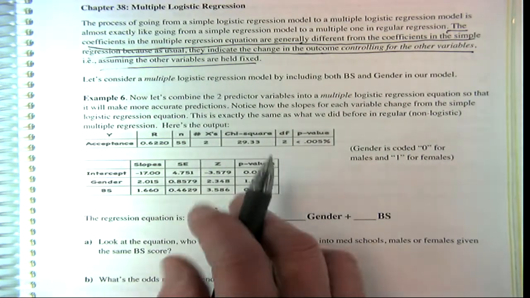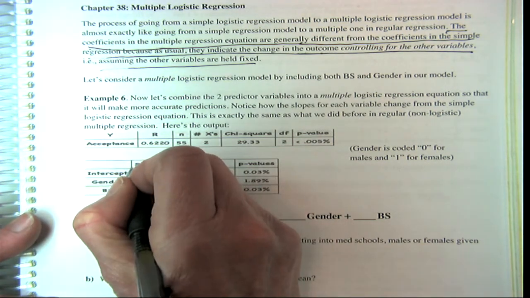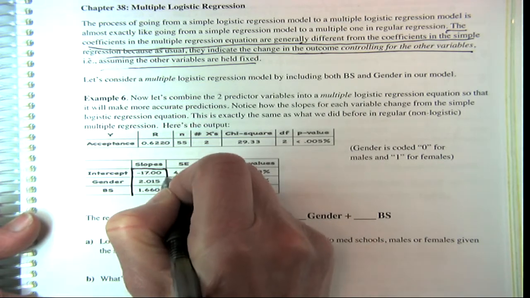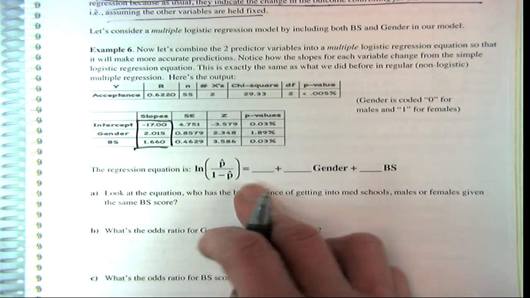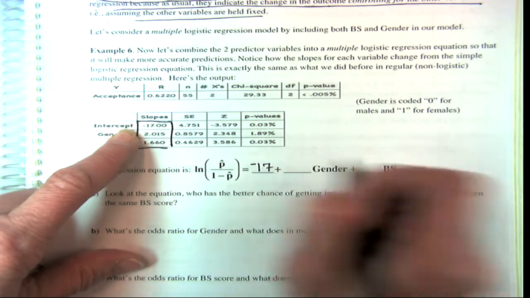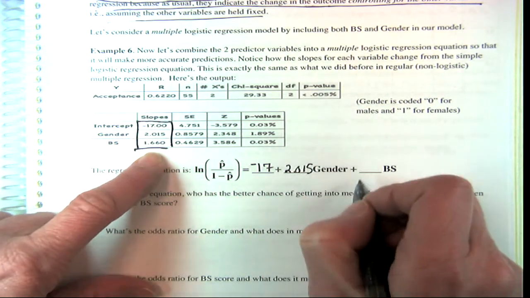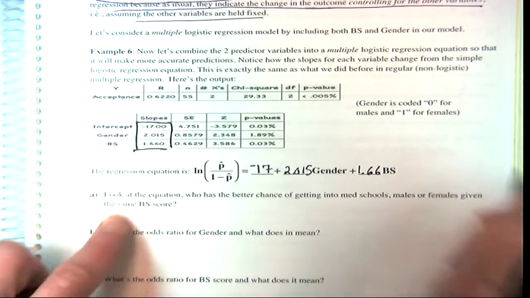All right, so let's look at this. So here are our slopes now, and here's our regression equation. We have an intercept of negative 17 plus 2.015 times gender plus 1.66 times biological science score.